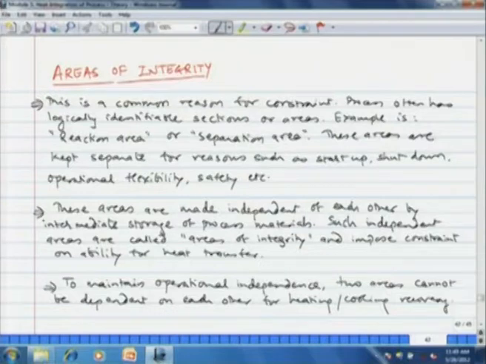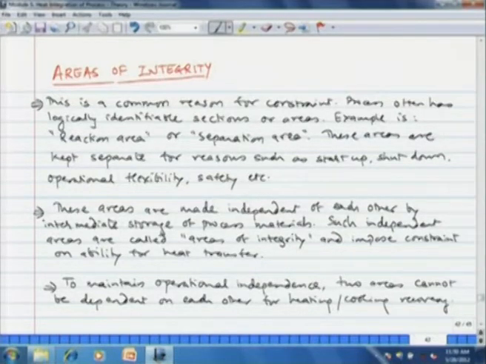Let us see one such constraint, like the areas of integrity. This is a common reason for constraint. The process often has logically identified sections or areas, in the entire plant. For example, one area of the plant is the reaction area, then another area is separation area, and these areas are kept separate for reasons such as startup, shutdown, operational flexibility or safety, etc. These areas are made independent of each other by intermediate storage of the process materials.